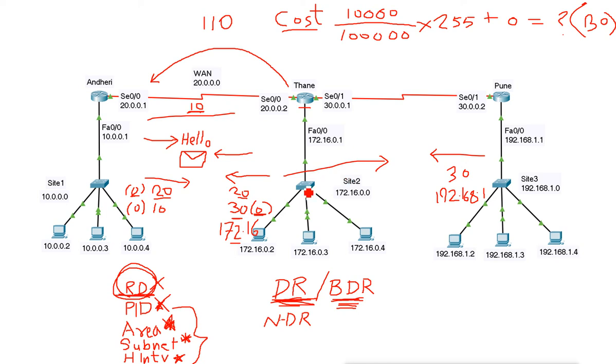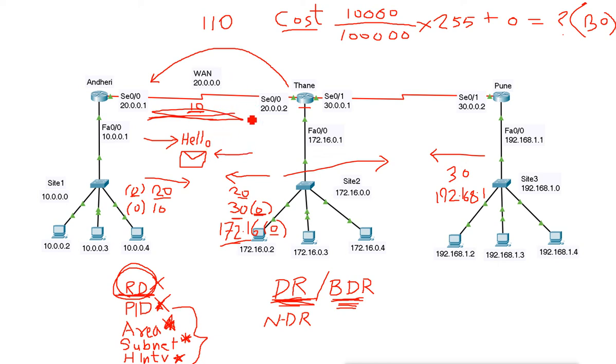And the same goes for this network: from this Thane router, it will also send that I am directly connected with 0. So how much cost it will take depends on the cost of this link. Whatever cost comes, it will add to this sent cost, and then it will create the total cost of this link.